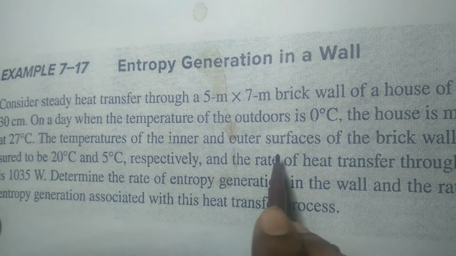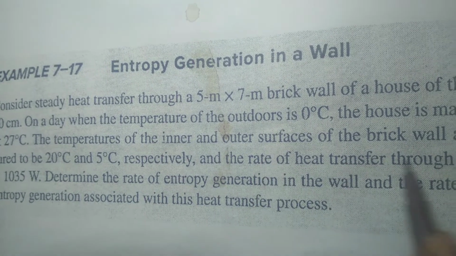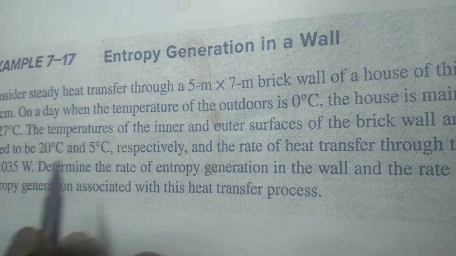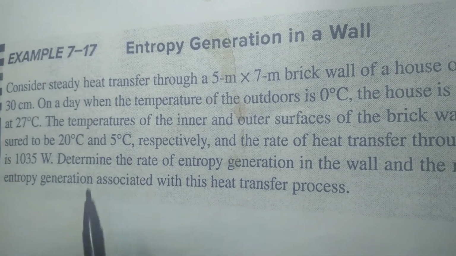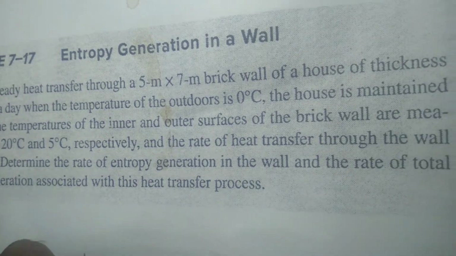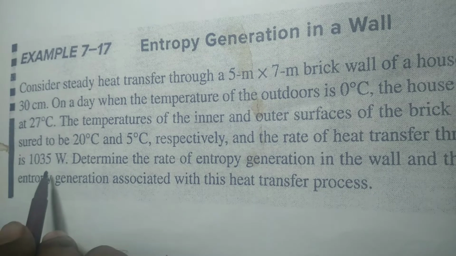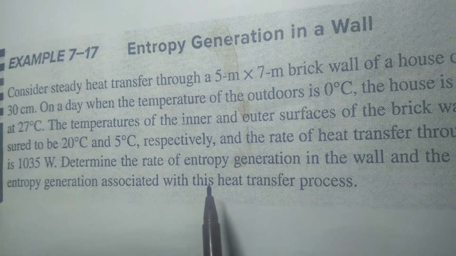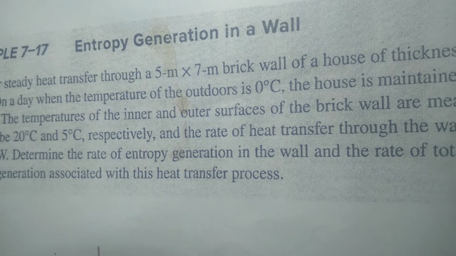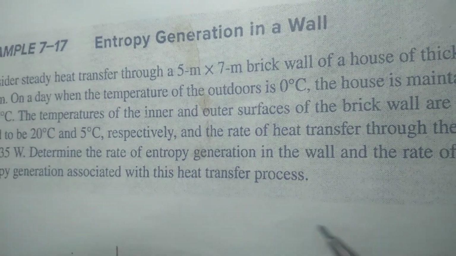The temperature of the inner and outer surfaces of the brick wall are measured to be 20 degrees Celsius and 5 degrees Celsius respectively. And the rate of heat transfer through the wall is 1035 watt.